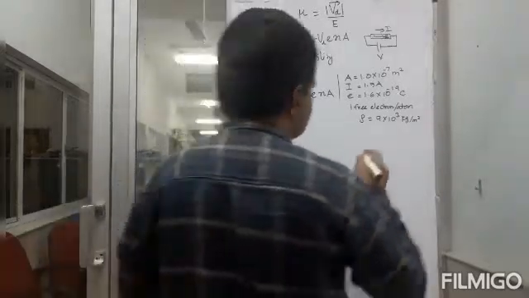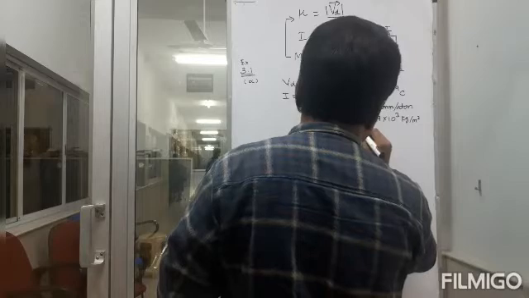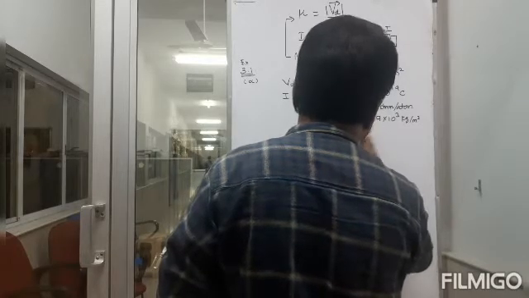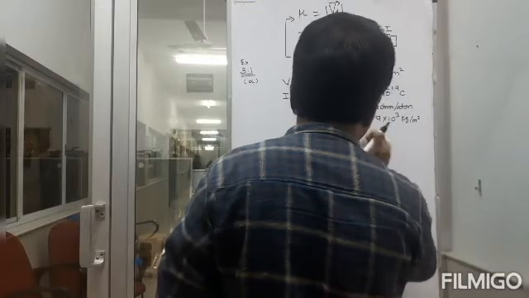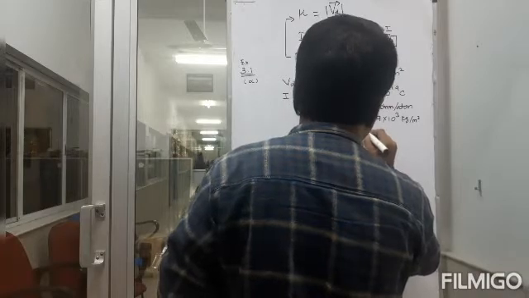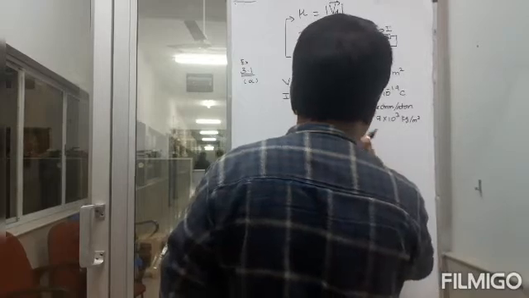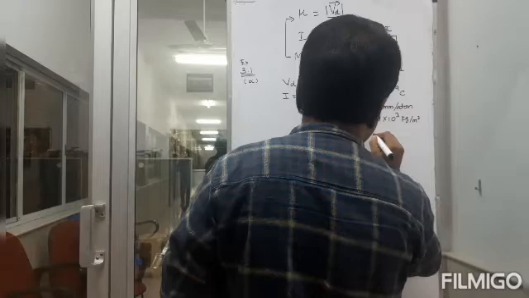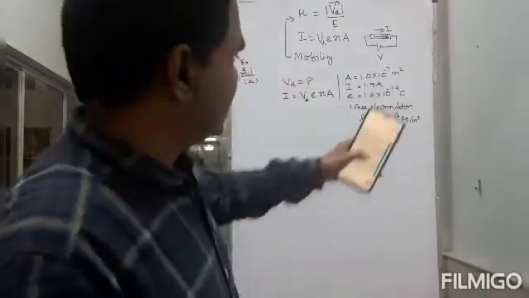And then the atomic mass is also given. Atomic mass of copper, I'll just put it this way. It is a different symbol, but I'll just use that.